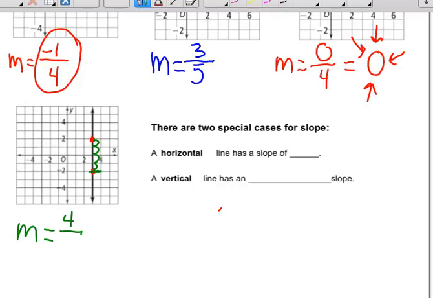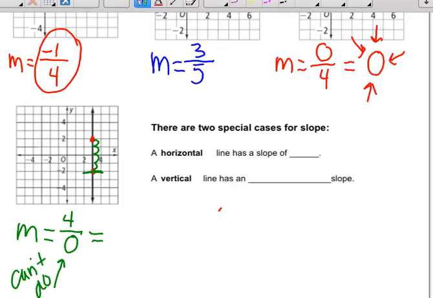How many left or right am I going? 0, right? I'm not going left or right any. So now I want you to take your calculator and punch in 4 divided by 0. What do you get? I hope it's saying error or undefined or something along those lines because you cannot ever divide by 0. Can never divide by 0.